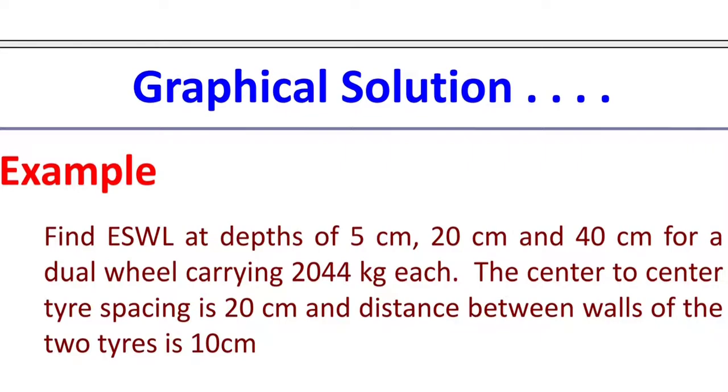So from the question it is clear they are asking at three different depths: 5, 20 and 40 cm. Wheel load capital P they have given as 2044 kg. Center to center spacing, that is S, is equal to 20 centimeter, and distance between walls of the two tires, that is small d, they have given as 10 centimeter.